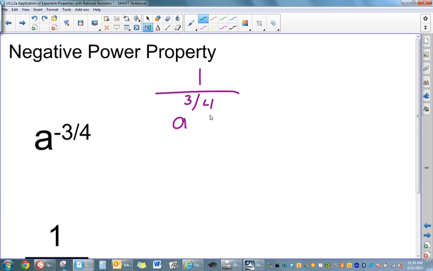Okay, but think about what happens when you have exponents and you're multiplying them. If I multiply this by a to the something, what's going to happen with the 3/4 and this exponent? Miles, what's going to happen with whatever exponent I put right here?